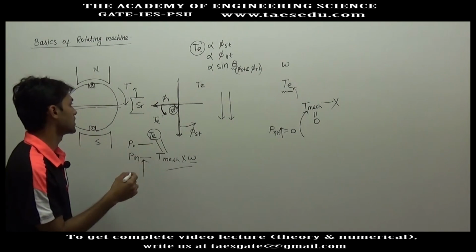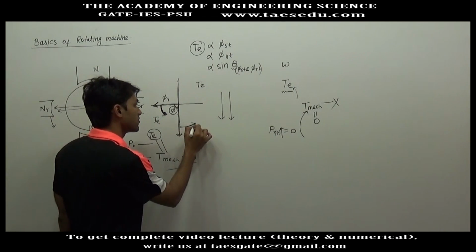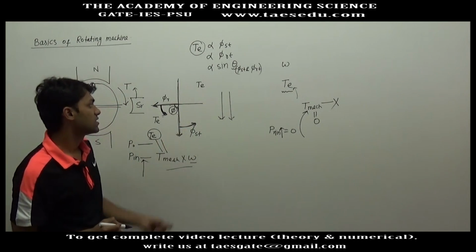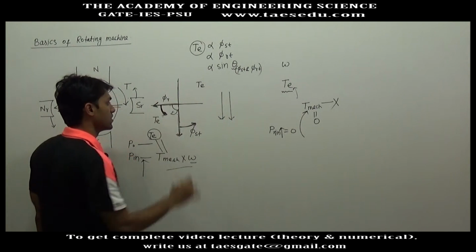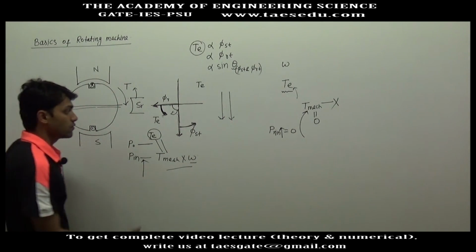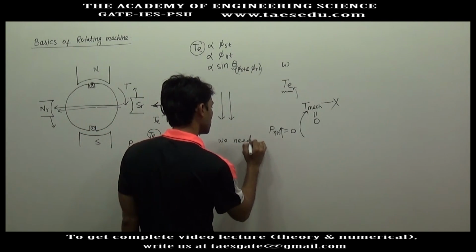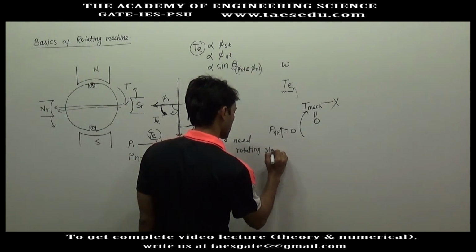So if the rotor magnetic field is rotating, the stator magnetic field also has to be rotated with the same speed to maintain the constant angle between these two fields. Now we need a rotating stator magnetic field.